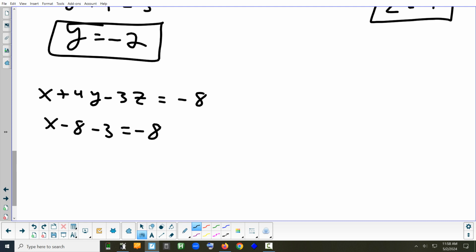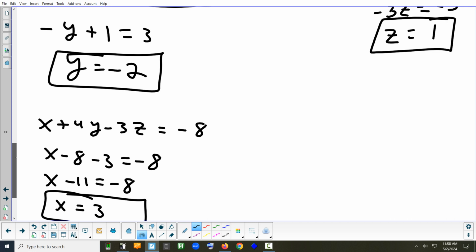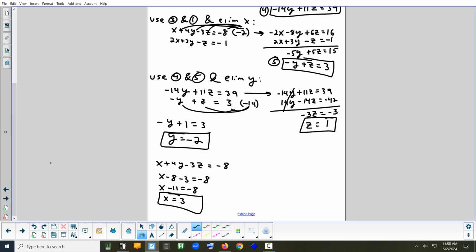Okay, negative 8 minus 3 gives me negative 11. And what do I get for x? 3. Yep. So you can see once you got z, there wasn't that much work left. All the work is just getting that first answer, then you plug it back in. That's pretty much how a 3-variable problem with elimination goes every time.